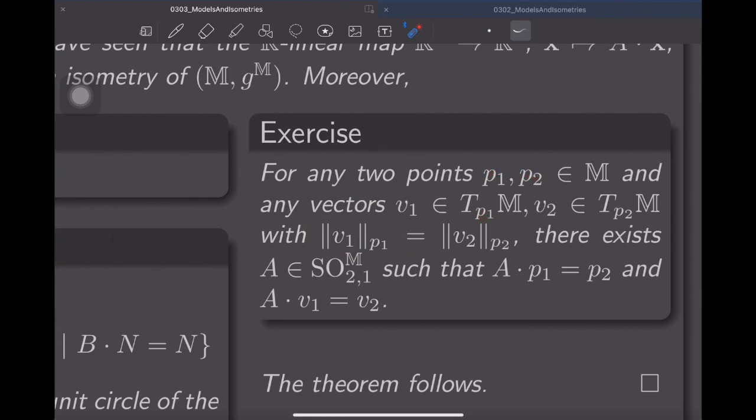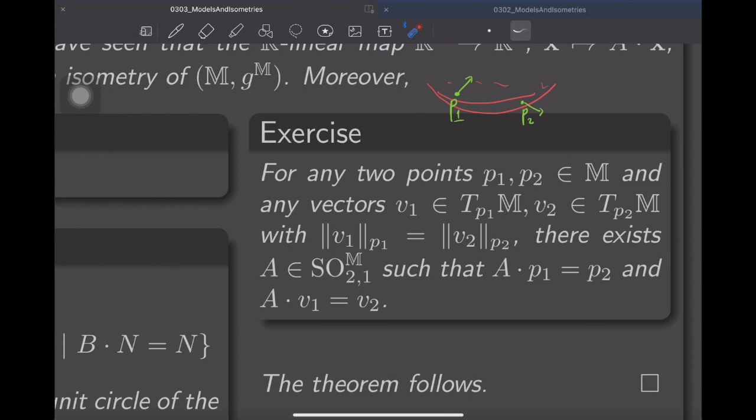So if you want, let me draw quickly. I have the hyperboloid, and I have my 2 points, let's say P1 and P2, and I have a tangent vector here and a tangent vector here. Those are V1 and V2, such that the norm of this one is equal to the norm of this one. Okay.